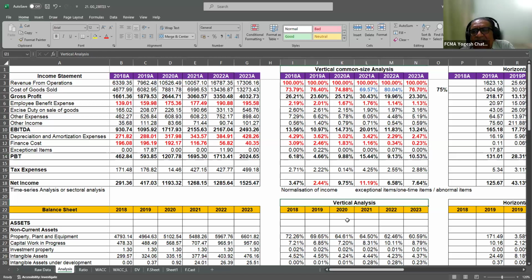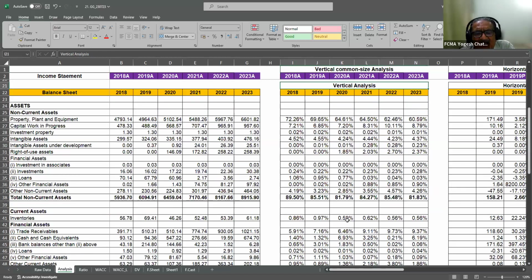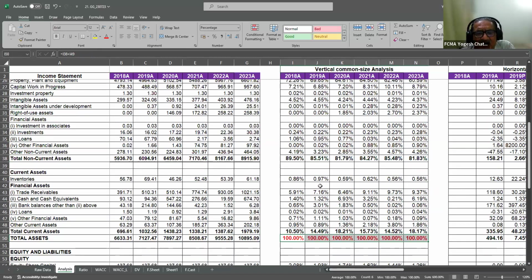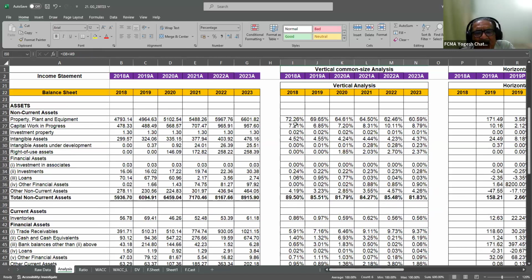In a balance sheet, total asset is our threshold, our benchmark, our foundation, and we take it as 100%, and compare all other components with the total asset. As you can see here, the non-current asset was around 90% in 2018, and that has reduced to around 82%.